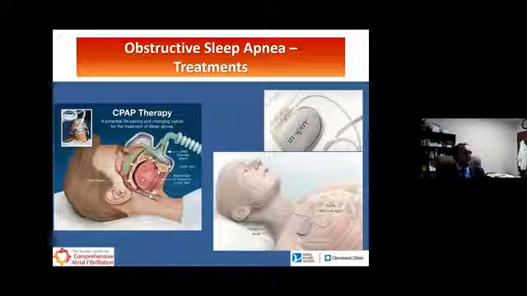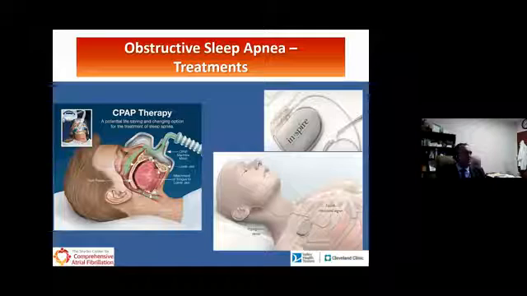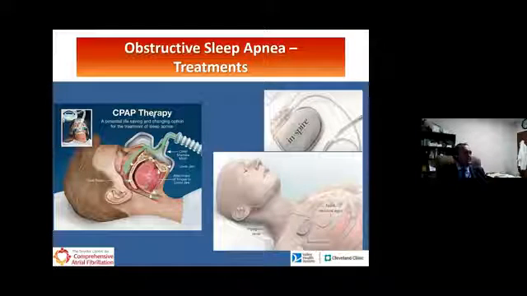However, with the tongue falling into the back of the throat, it creates obstruction. So most of the time, CPAP therapy, a machine with a mask that pushes the air, usually overcomes the blocked passage, keeps the airway open, and restores restful sleep.